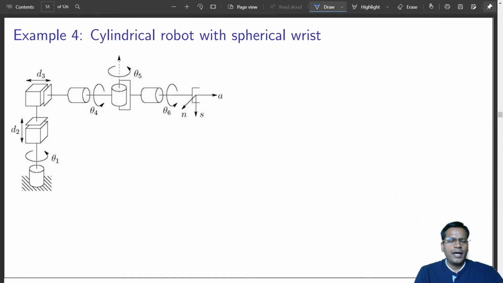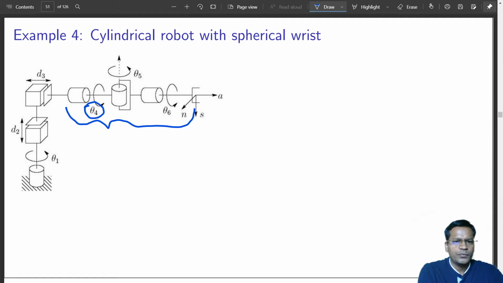And then I have fitted the spherical wrist, which has three rotations, theta 4, theta 5 and theta 6, and I have reached the end effector, that is the sixth link end, the last link end. It has normal, orthogonal and sliding vectors.